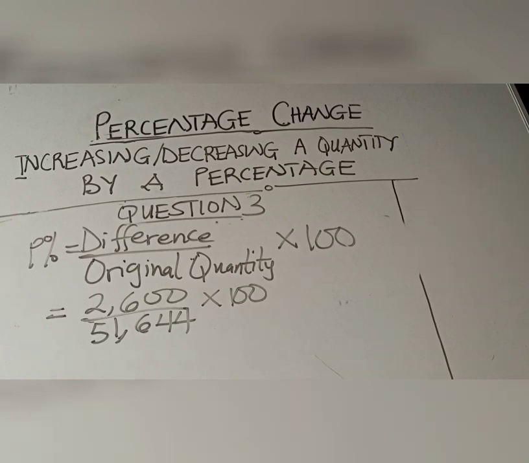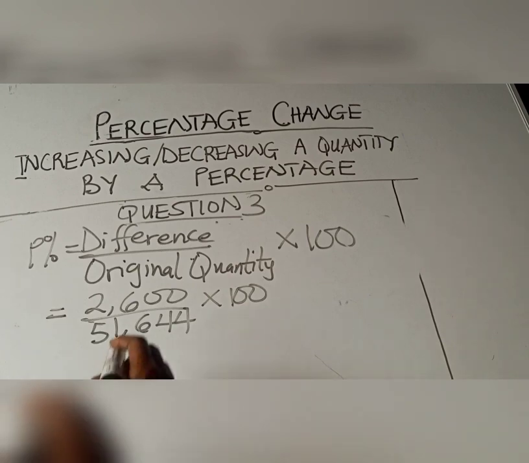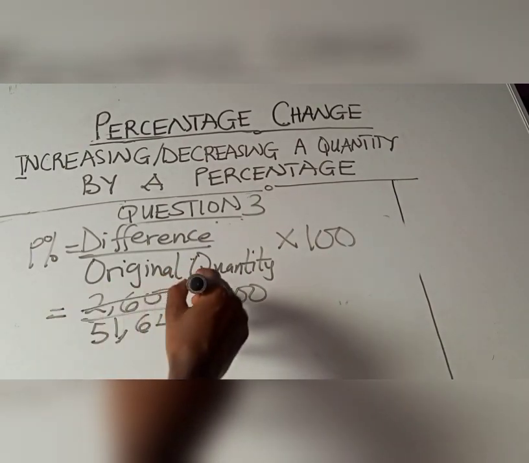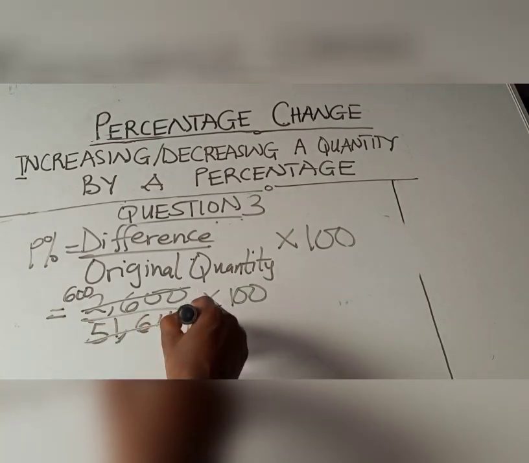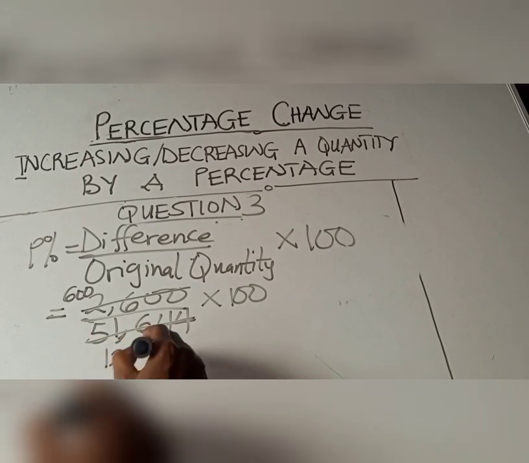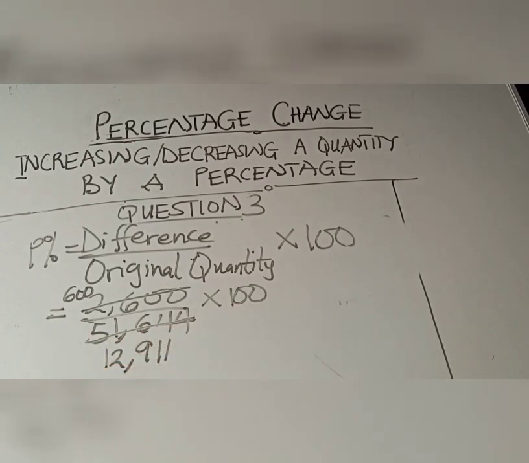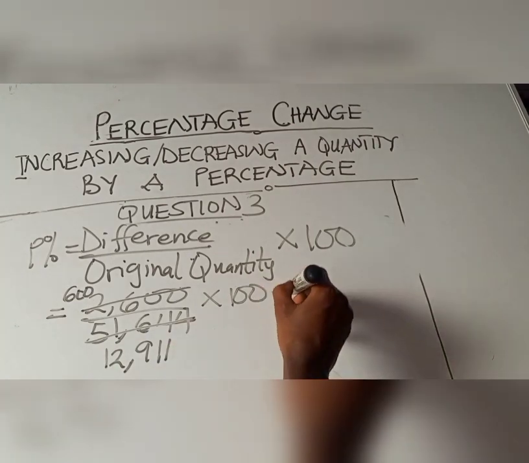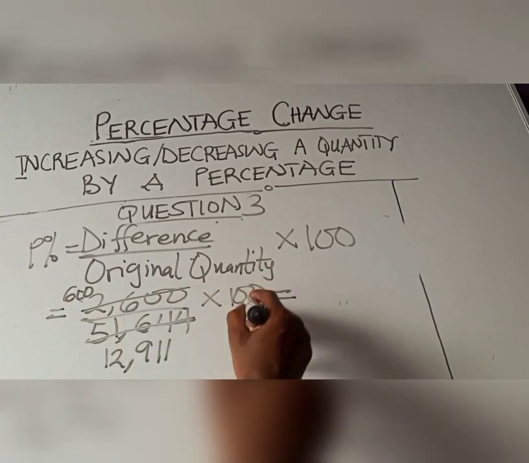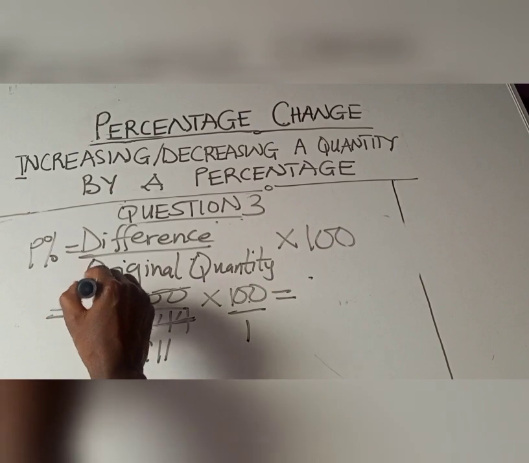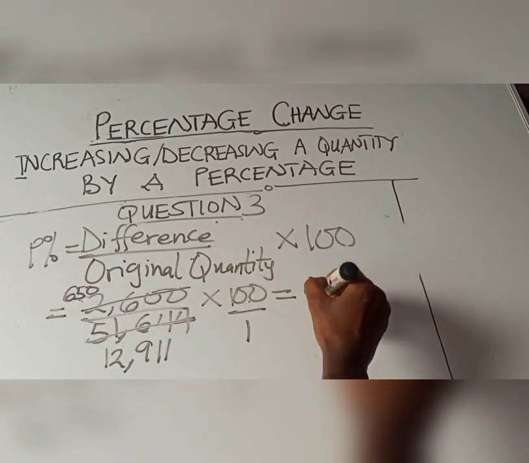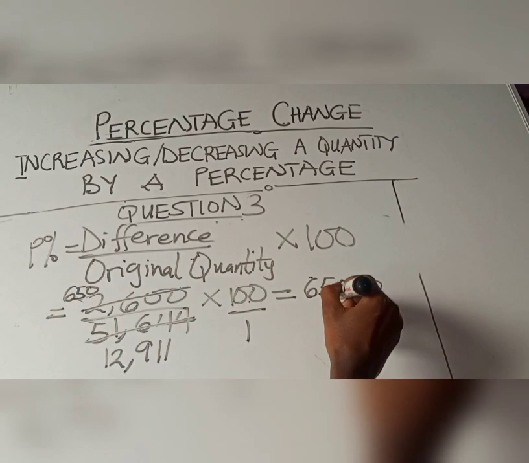In simplifying, you can say that you have 650 here, then you have 12,911 here. When you multiply the numerators, this is over 1. 650 by 100 is going to be 65,000.